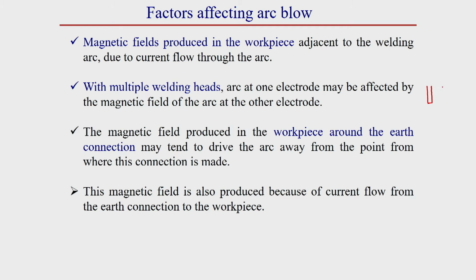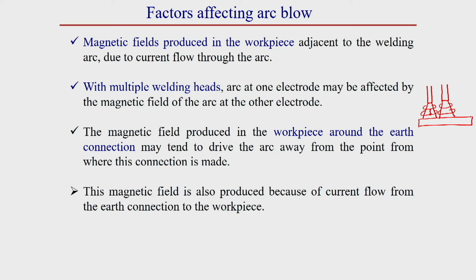That is why with multiple welding heads, instead of a single arc, sometimes we use two or three arcs continuously. Along the first arc there will be a distribution of magnetic field, and similarly the second arc also has a distribution of magnetic field.